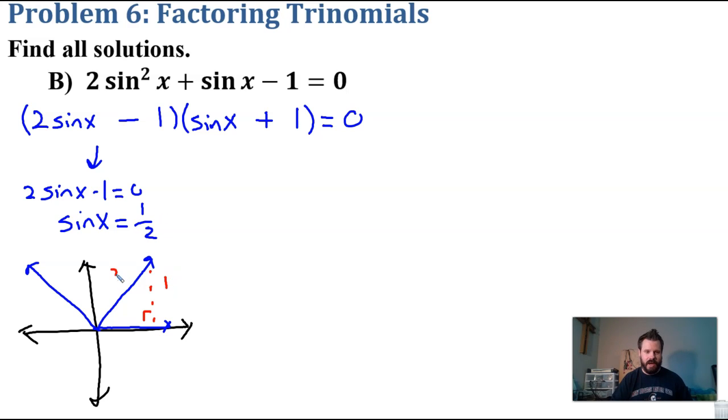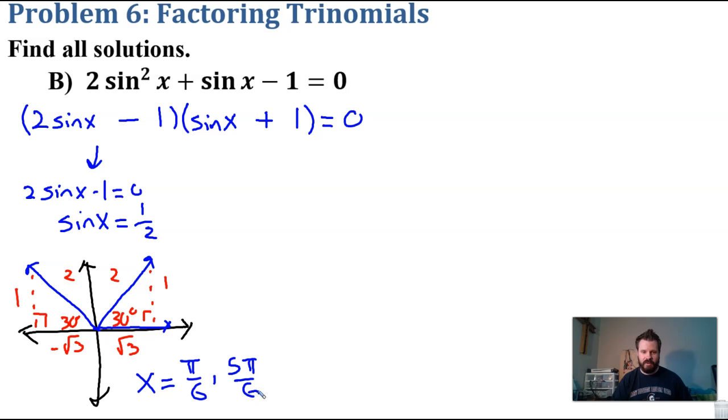Opposite side's 1, hypotenuse is 2. Adjacent side would be our √3, so we're talking 30 degrees again for reference angle. So my solutions to this part then would be 30, in other words, pi over 6, and pi over 6 short of pi, we could say 5 pi over 6. Okay, we'll hold on to those for a minute.